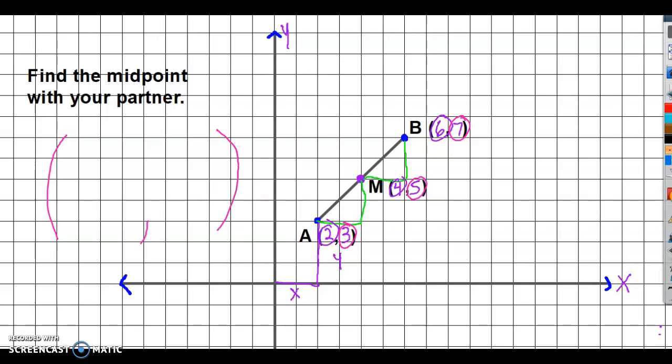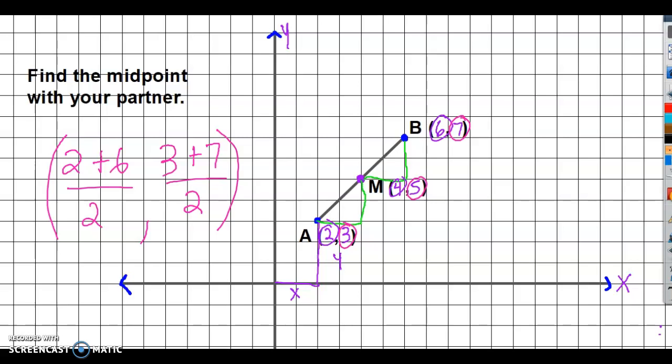My midpoint formula is I average, and the way we average is we add. We add the x's up, the x's that we know are 2 and 6, and we divide by how many we have, which is 2. And now to average the y's, we take the y's that we have. We want to find what's in the middle, so we average them. And that's how you do it.